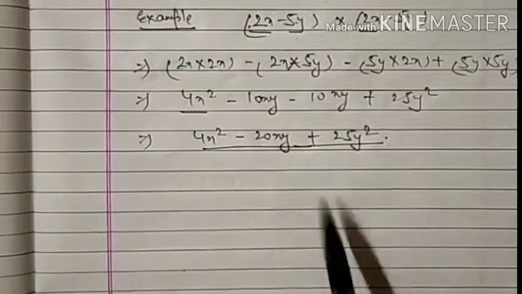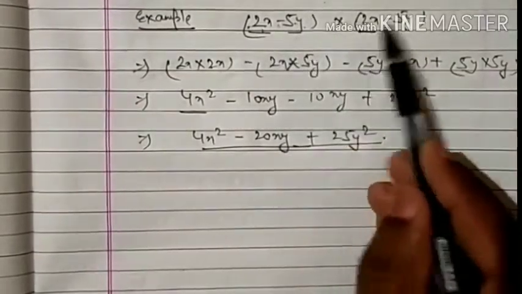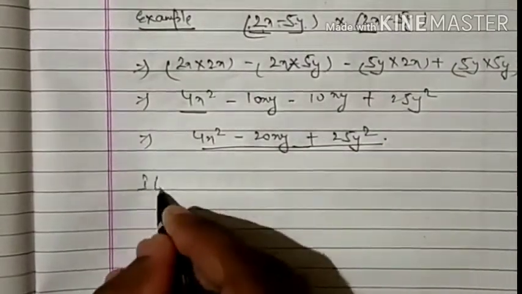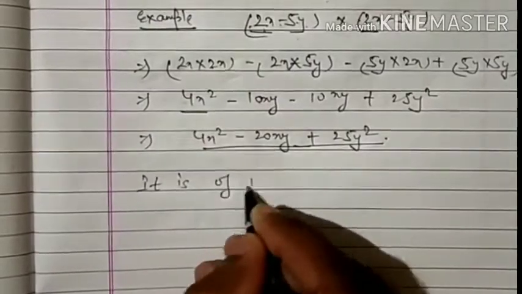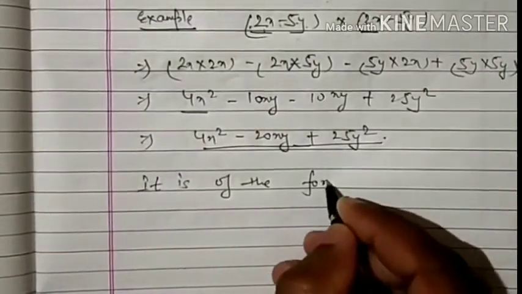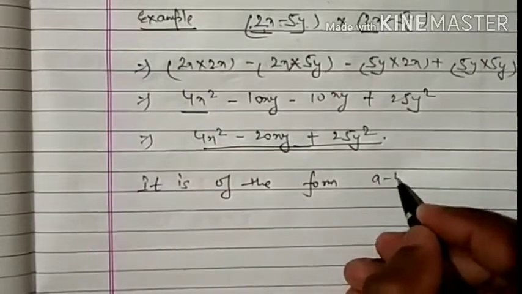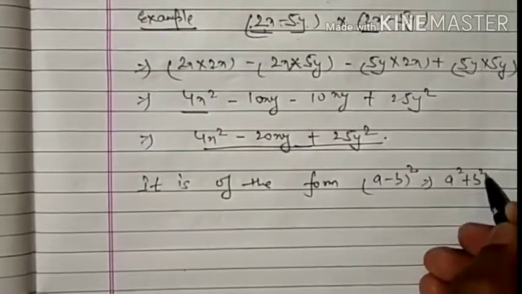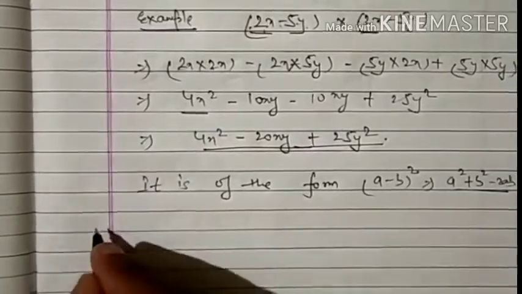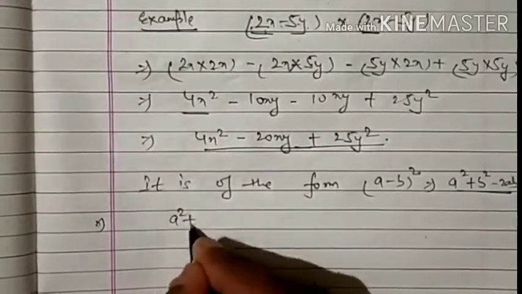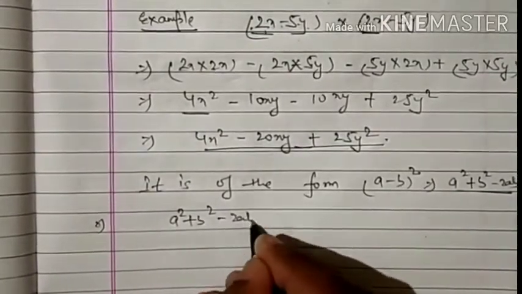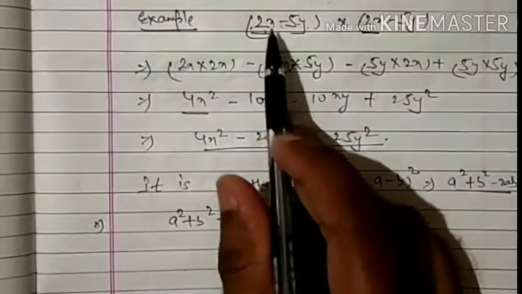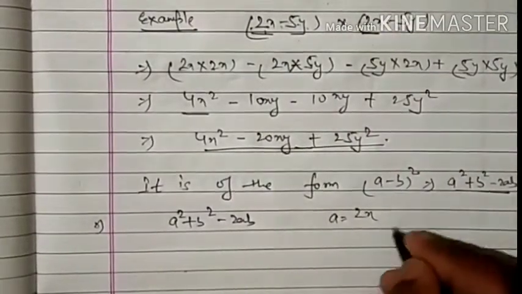And what do we get after applying the identity? Now this is of the form a minus b multiplied by a minus b. So we can write it is of the form a minus b whole square. What do we get? A square plus b square minus 2ab. So what can we write here? A square plus b square minus 2ab. What is a? A is 2x. What is b?